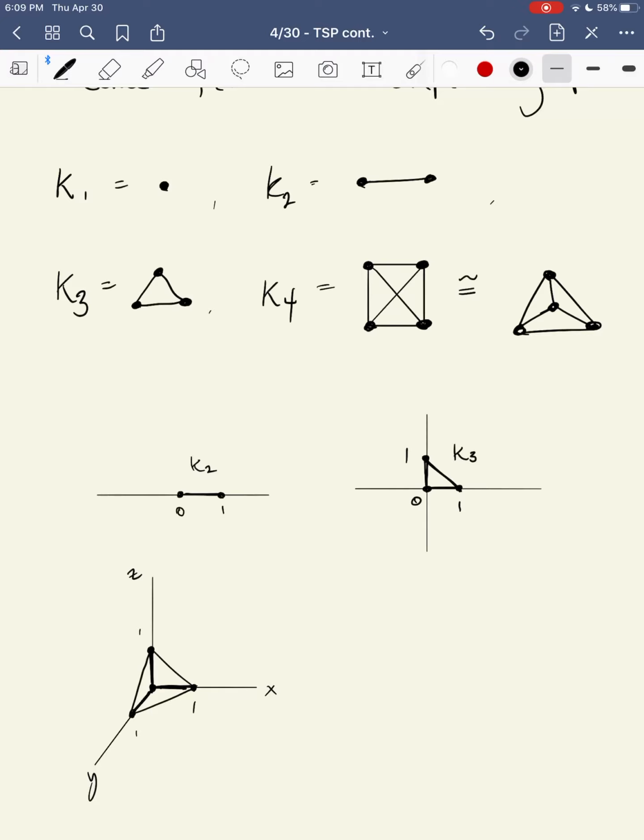Now, who can picture what K5 looks like? What K5 looks like is this.